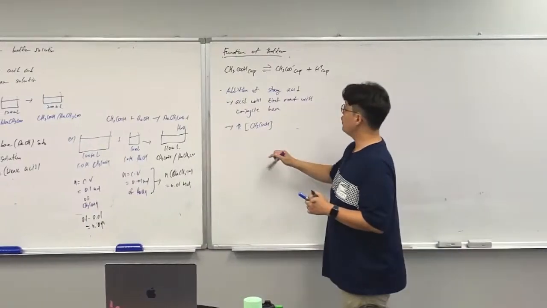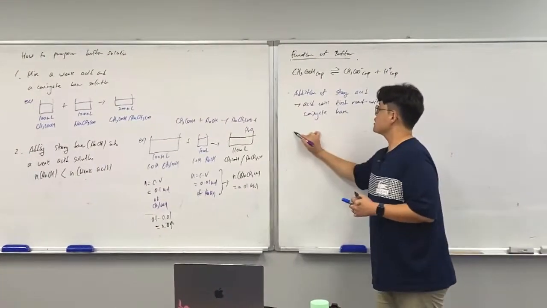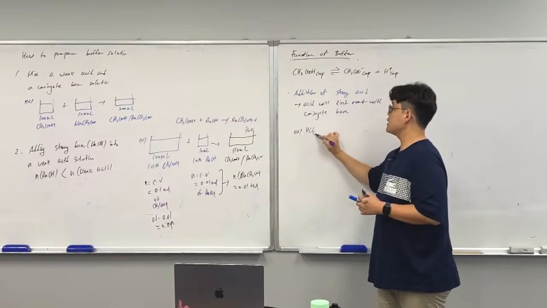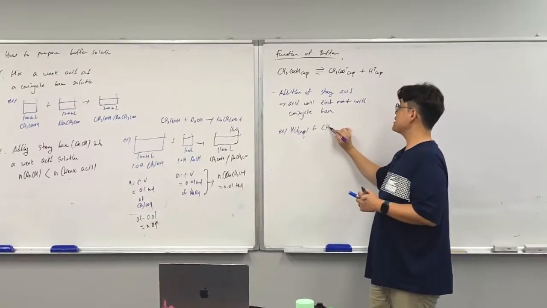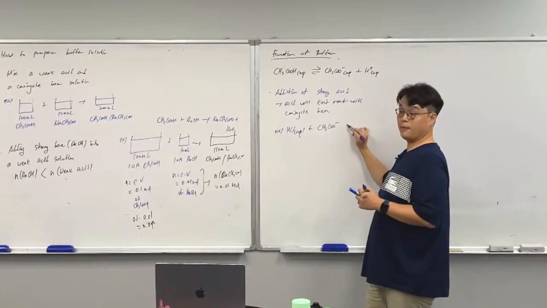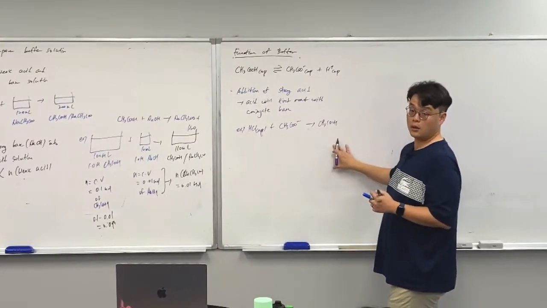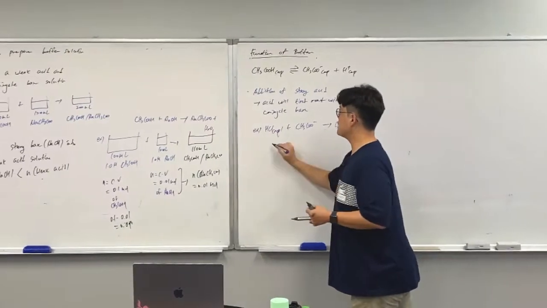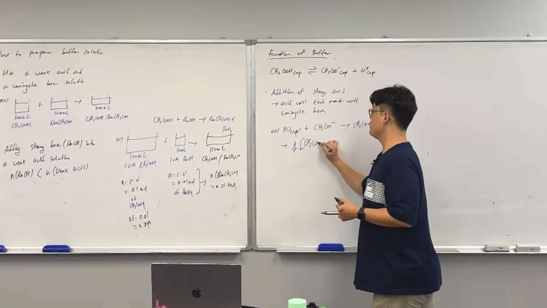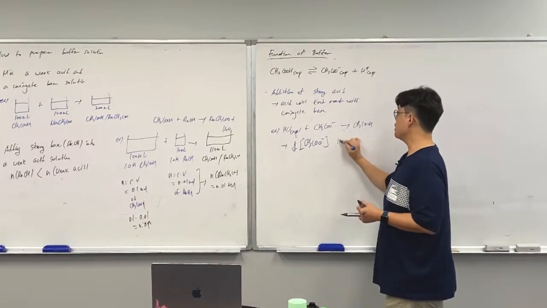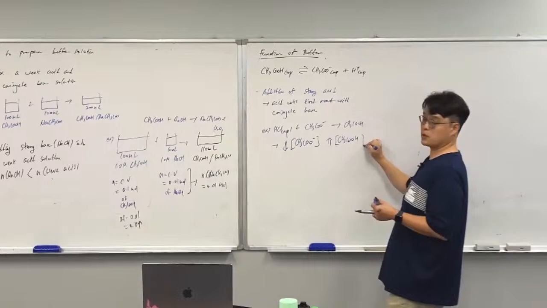For example, when hydrochloric acid is added into the buffer solution, it will react with the acetate, producing the acetic acid. So what does it do? This means it decreases the concentration of the acetate and increases the concentration of the acetic acid as a result.